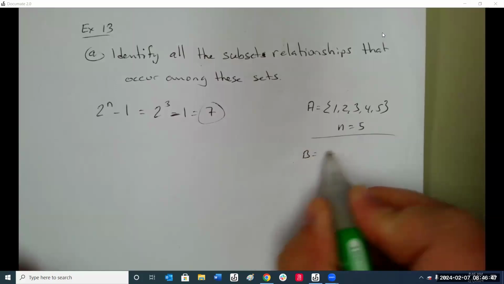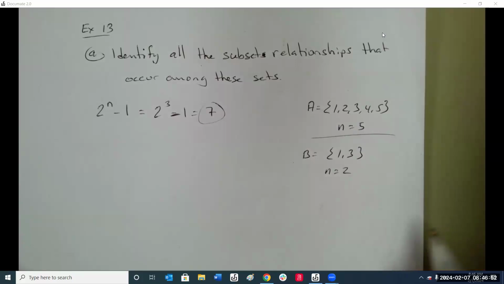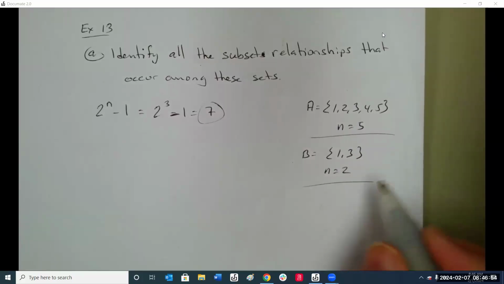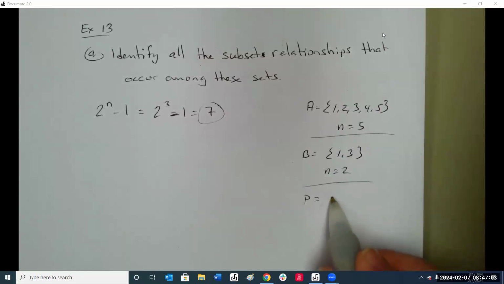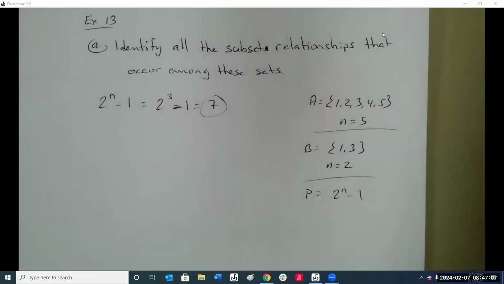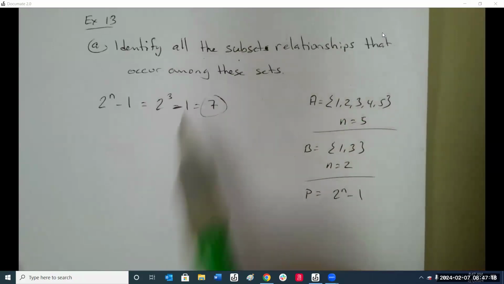Set B is 1, 3. It has 2. And set P has how many? So identify all subset relationships that occur among these sets.